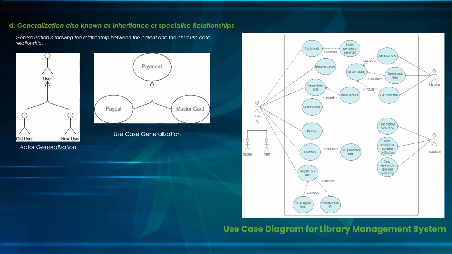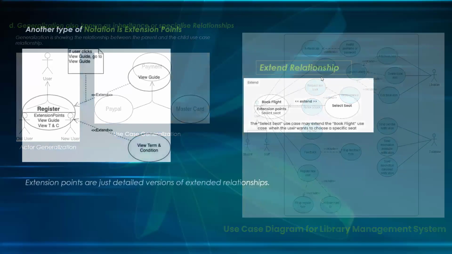So let's look at this one as well. Let's look at request new book. User is connected to request new book. Every time the user requests a new book, you can see invalid renewal.